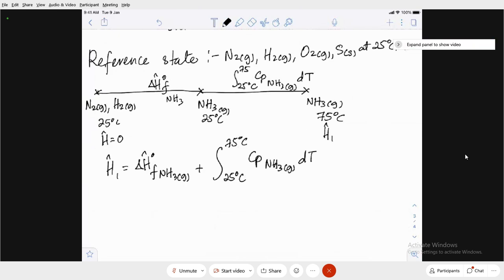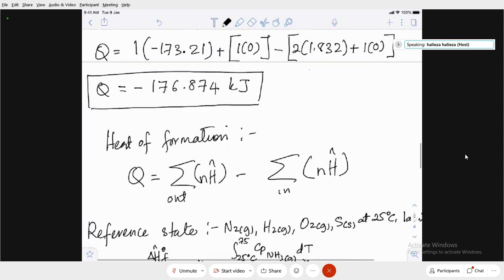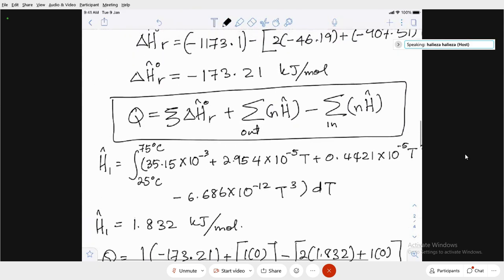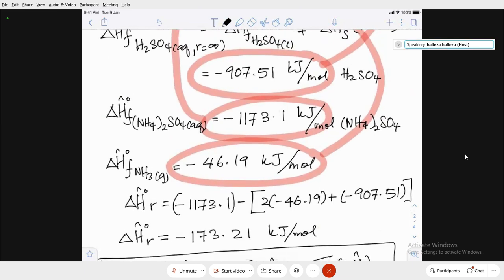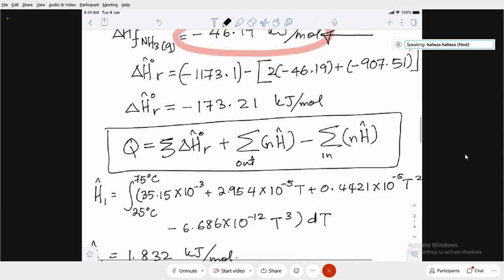The heat of formation of ammonia, do we have that information here? We can get it from Appendix B1. We got it earlier when we wanted to calculate the heat of reaction. That is the heat of formation of ammonia gas, minus 46.19. I'm going to substitute that value here.